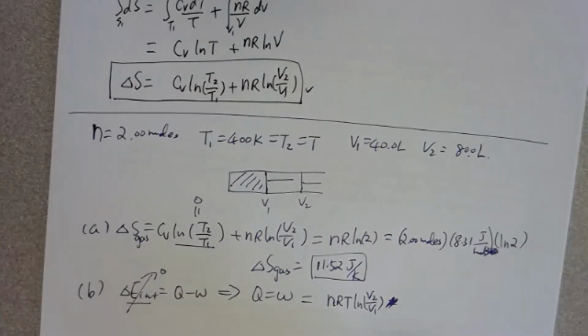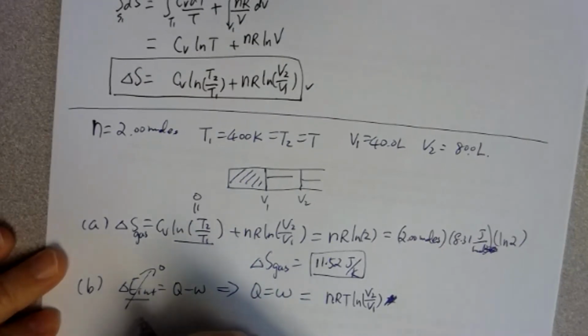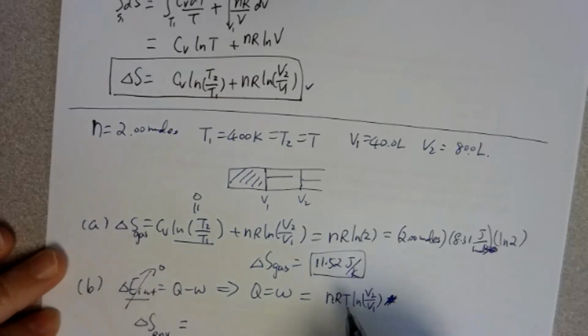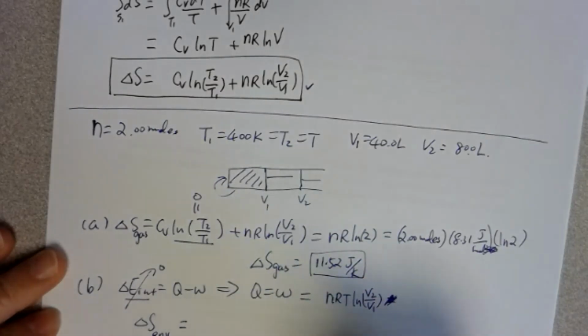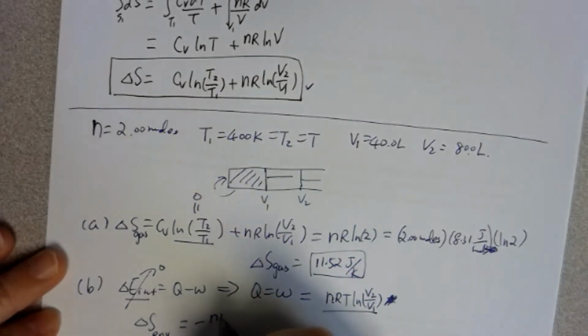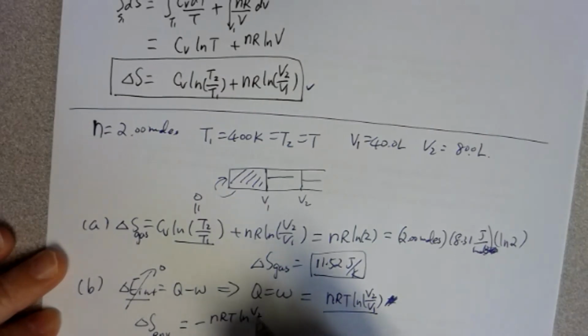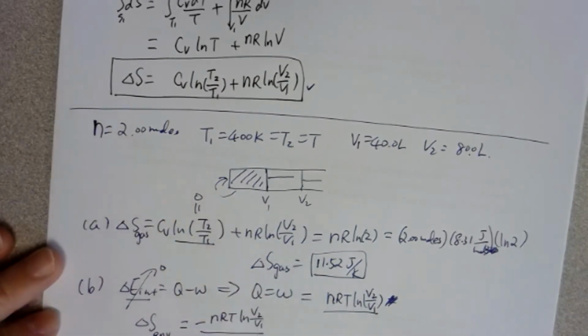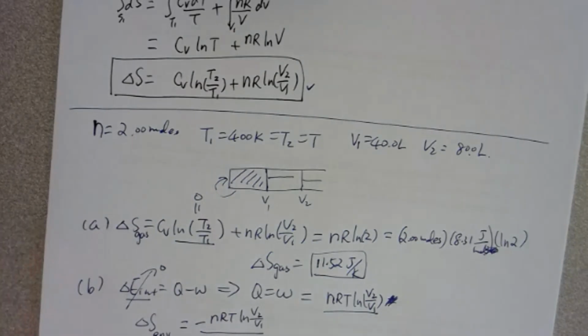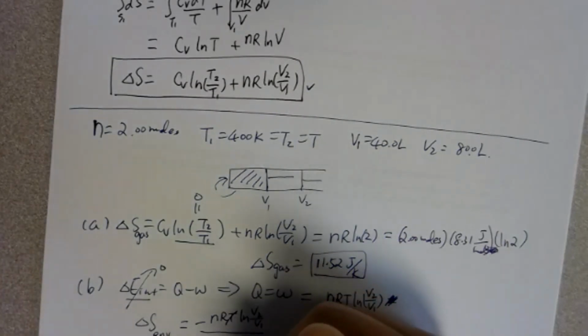For the surroundings, let's call it the environment, because it loses heat, it supplies heat to the gas system. So it should be minus of this number: minus nRT ln of V2 over V1, divided by T. You can see this T and this T cancel.